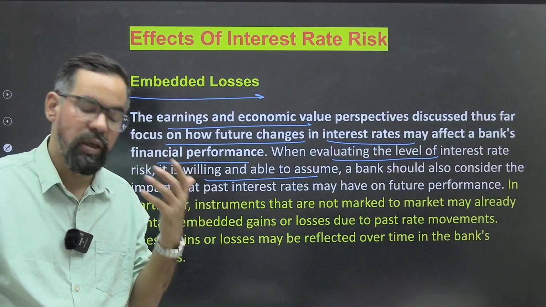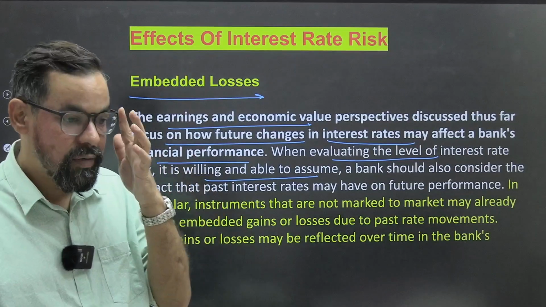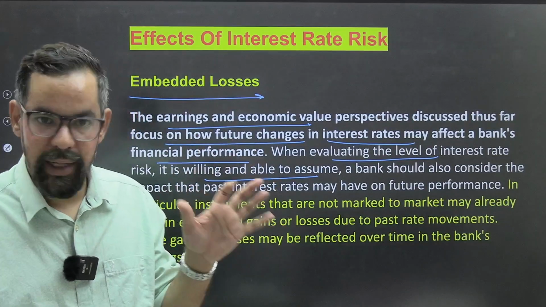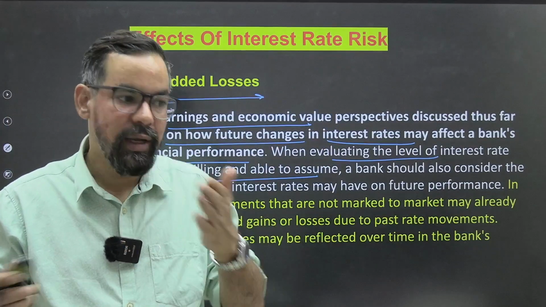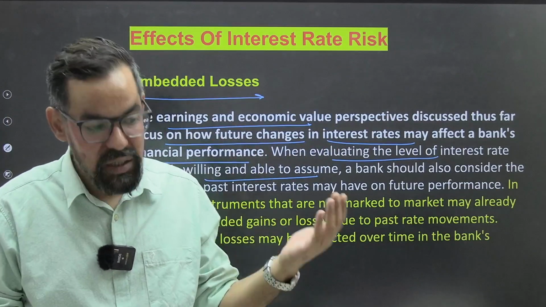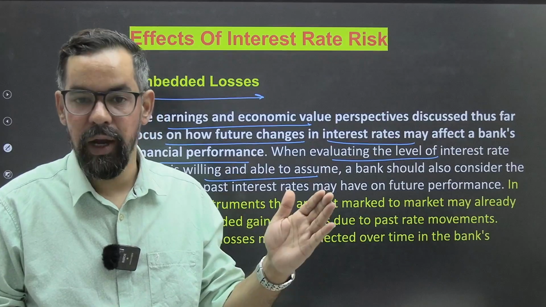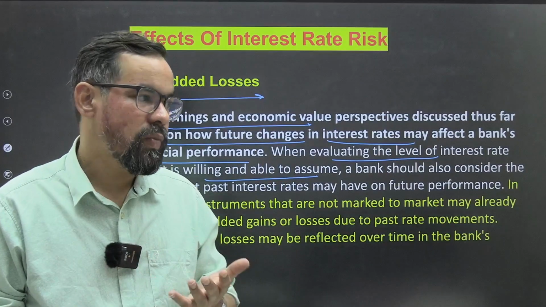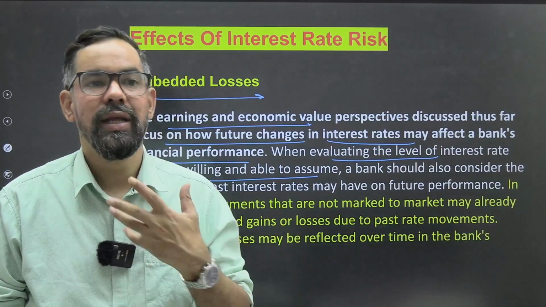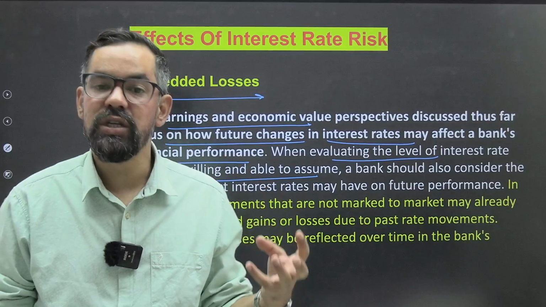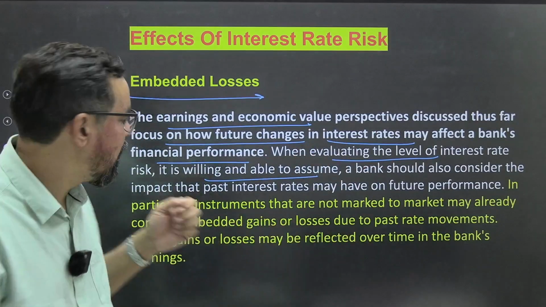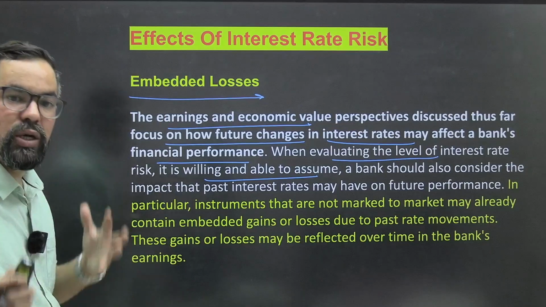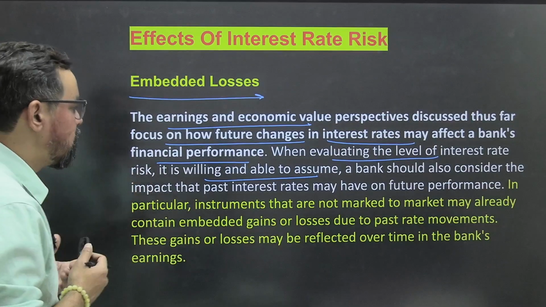Obviously they may exercise their right if they'll have some sort of profit involved in that particular one. ठीक है, जैसे लोन लिया था हमने, पास्ट में लोन दिया था, now interest rate came down, if that customer has premature closure he will go for that one. ठीक है, और let's say somebody who has deposited money with us at a lower rate, now interest rates are high, so obviously they'll go for the high rate of interest. So past में जो activities हुई हैं उनका भी effect आपका देखना पड़ेगा.